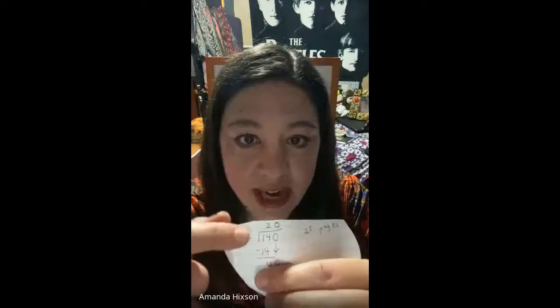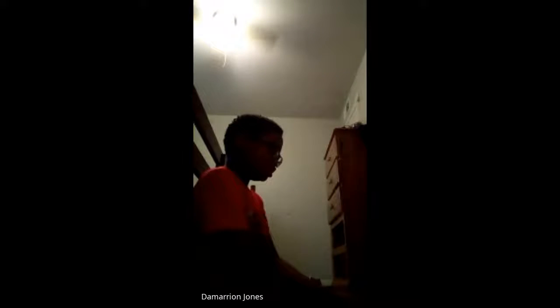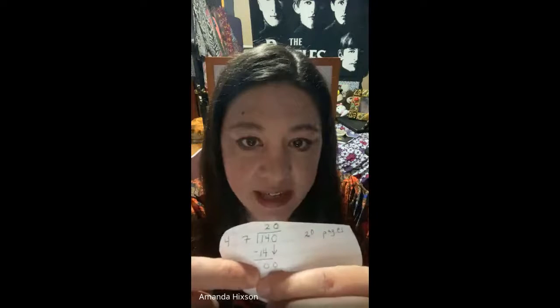So if you put 7 into 140, and you know that it's 2, you multiply and subtract. 7 times 2 equals 14, and then you subtract, you get 0, and you see how many times will 7 go into 0? 0 times. So the answer is 20. 20 pages.